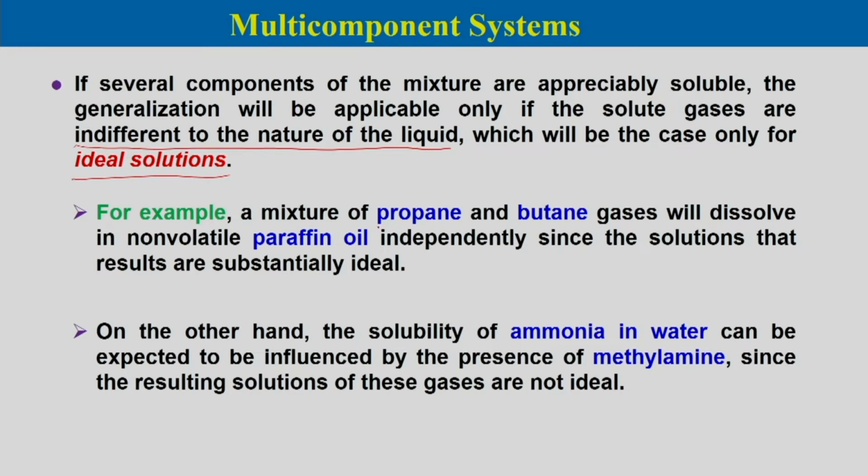So, if we take the homologous series of hydrocarbons, propane and butane gas, they can be dissolved in paraffin oil independently, since the resulting solutions are substantially ideal. If it is an ideal solution, then one component will not influence the other's solubility. On the other hand, the solubility of ammonia in water can be expected to be influenced by the presence of methylamine, since the resulting solution of these gases is not ideal.